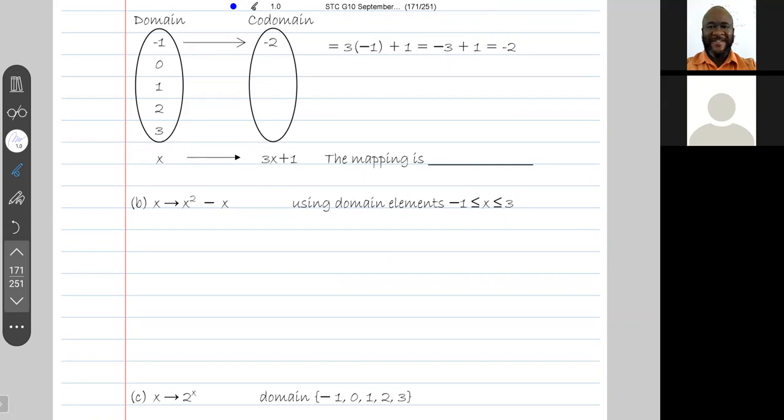And I'm using domain elements from x is equal to -1 to x is equal to +3. So that is what this is telling me. I'm going to use values of x from x is equal to -1 to x is equal to +3. All right. So let's draw my arrow diagram. I'm going to put in my domain. And my codomain.